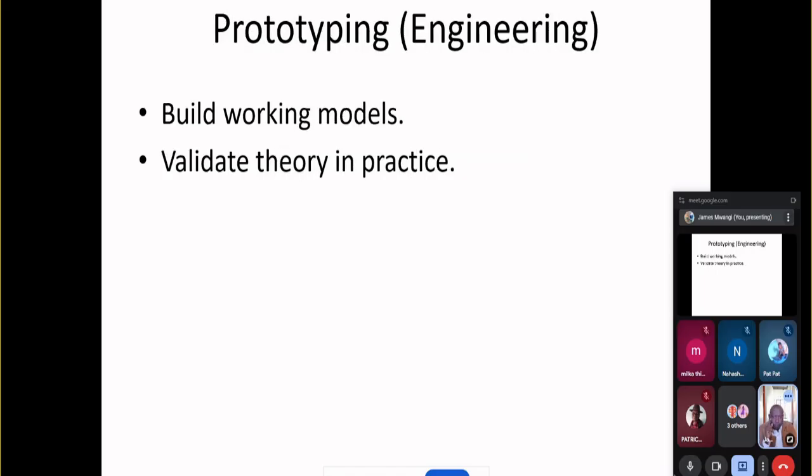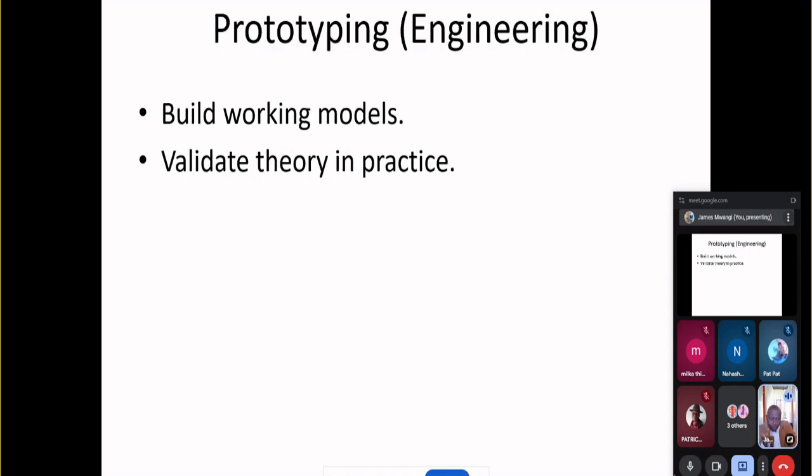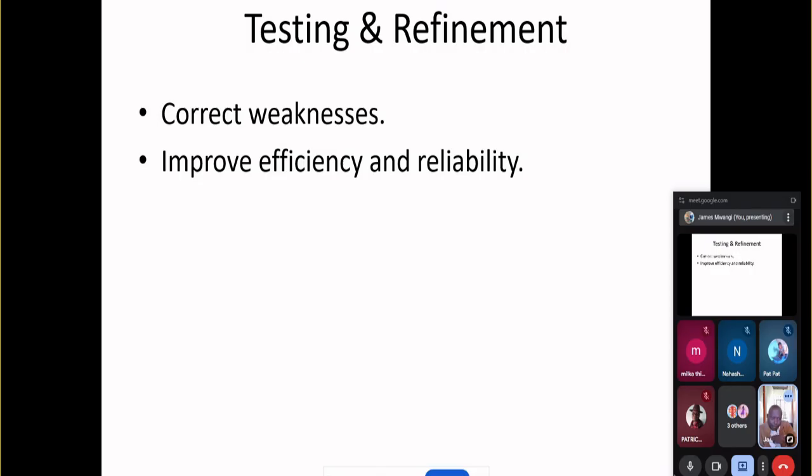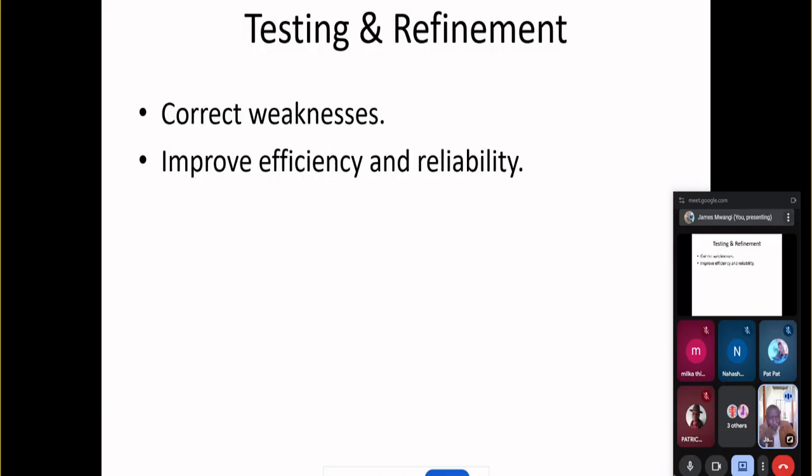And here is actually where we say you are testing the prototype. These are the two of them: prototype testing, new prototype after refinement, testing again until you get to something that works to near perfection.